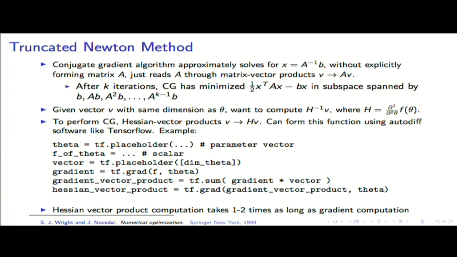You're gonna write something like CG of Hessian. You're gonna have a function that computes the Hessian vector product numerically.